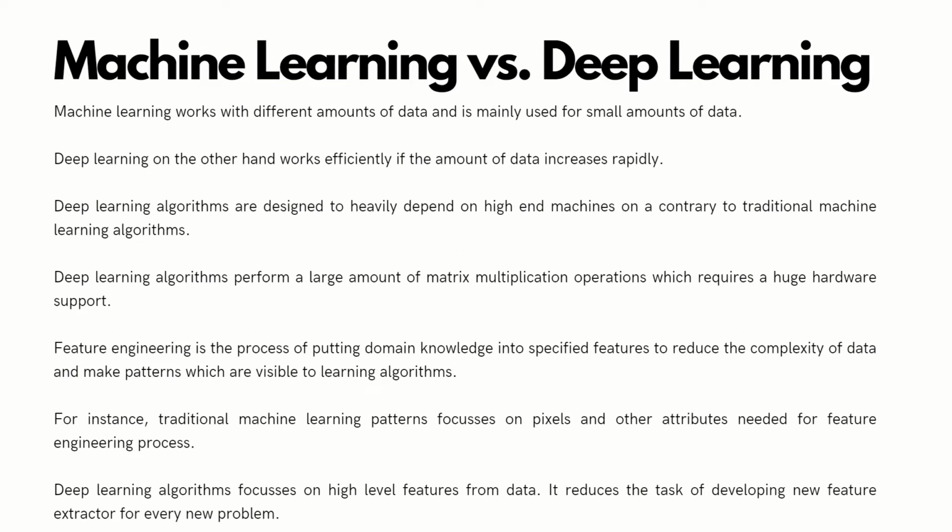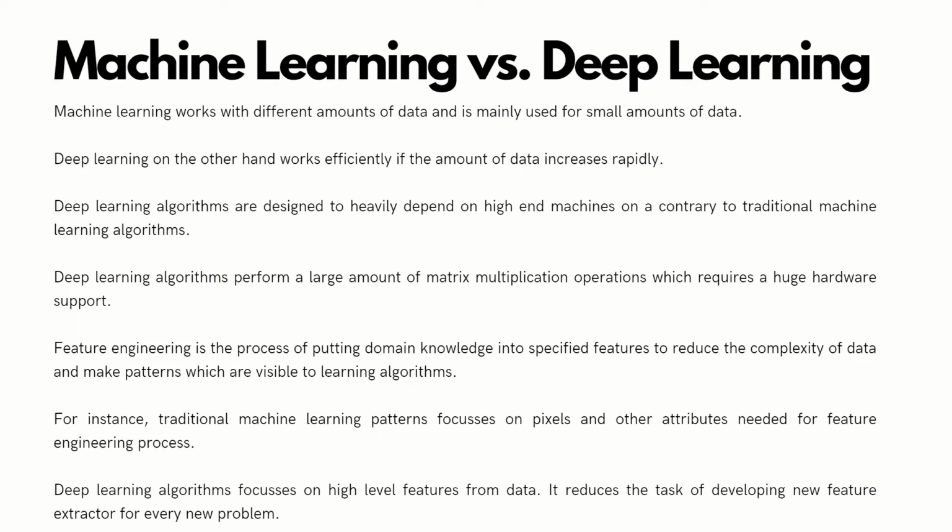The benefit of doing it is that with the help of the features, we try to understand the patterns. We try to make patterns based on our data. These patterns are visible to the learning algorithms and help in better data analytics and efficient analysis.